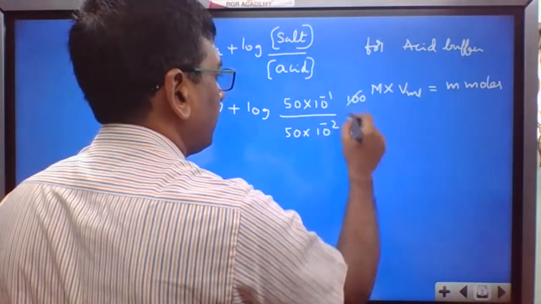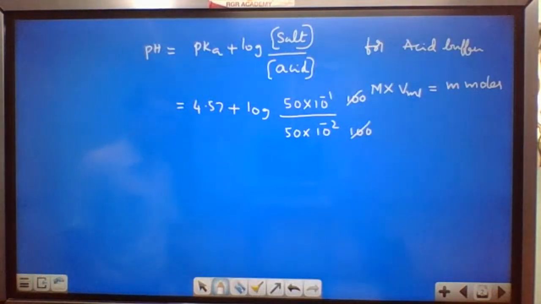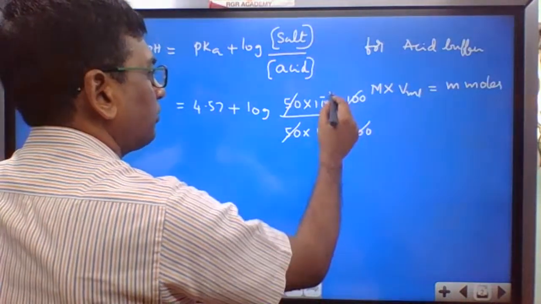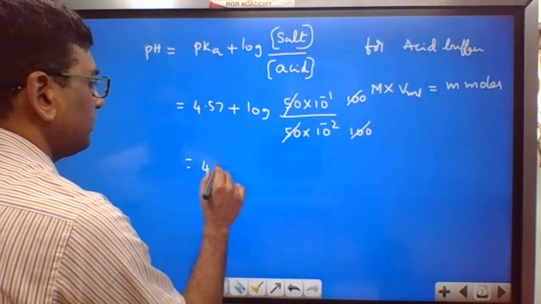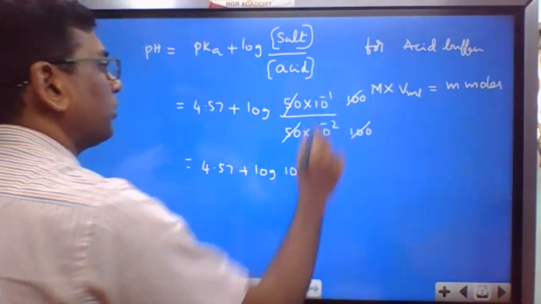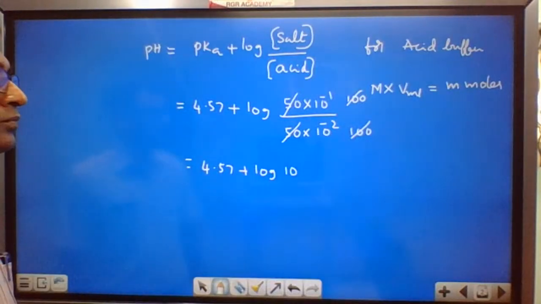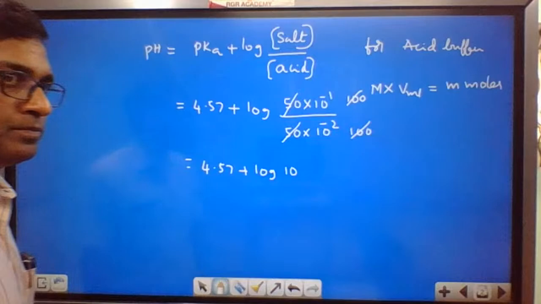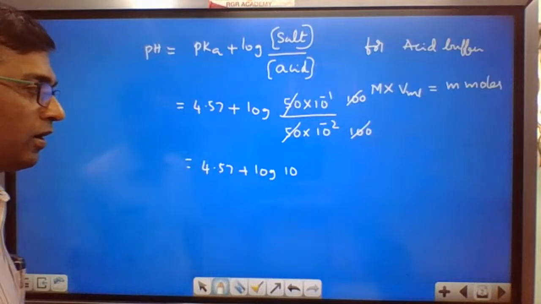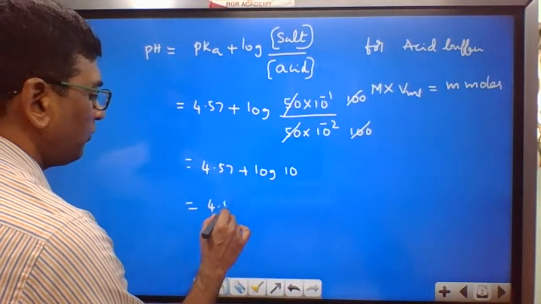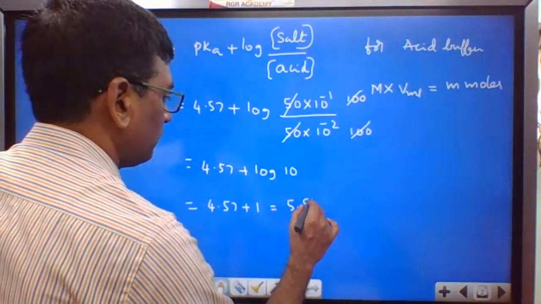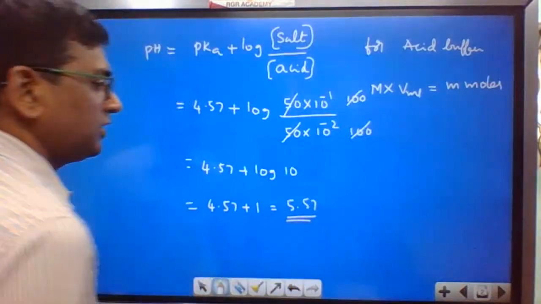The 100 will cancel, 50 will cancel. Then log of 10 power minus 1 into 10 power 2 is log 10. Log 10 is 1. So 4.57 plus 1 is equal to 5.57. This is the pH value.